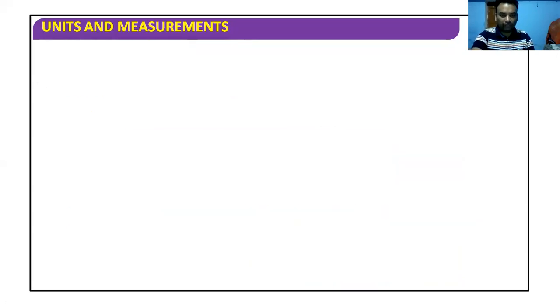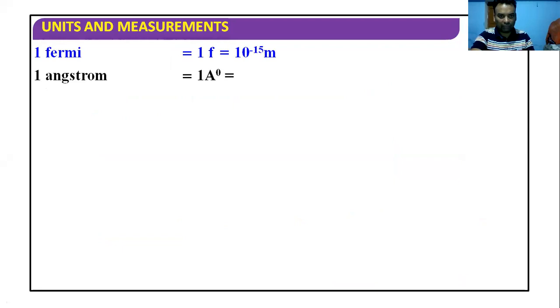We find very small lengths such as 10 to power minus 15 meter, which is the size of the nucleus, and 10 to power minus 10 meter, which is the size of the atom. These lengths are at the microscopic scale, and to find them we have to take the help of special instruments. I told you in my yesterday video, we can take the help of a scanning tunneling microscope. Even with the help of some chemical methods, we can find out these sizes.